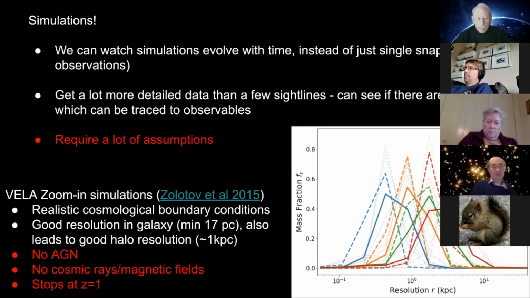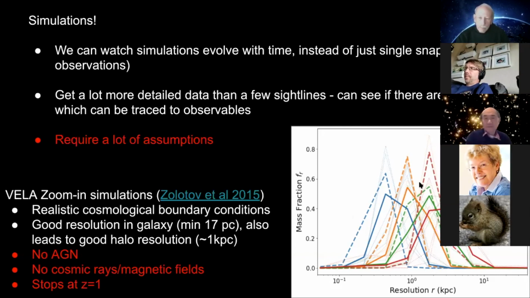And then we went back and reran certain regions zoomed in at good resolution, which in the galaxy is down to about 17 parsecs, and in the halo leads to about 1 kiloparsec. Here's a picture of the resolution in terms of the mass fraction in bins of different sizes, going outside from 0.1 to 1 RVIR, or actually to 1.5 right here.